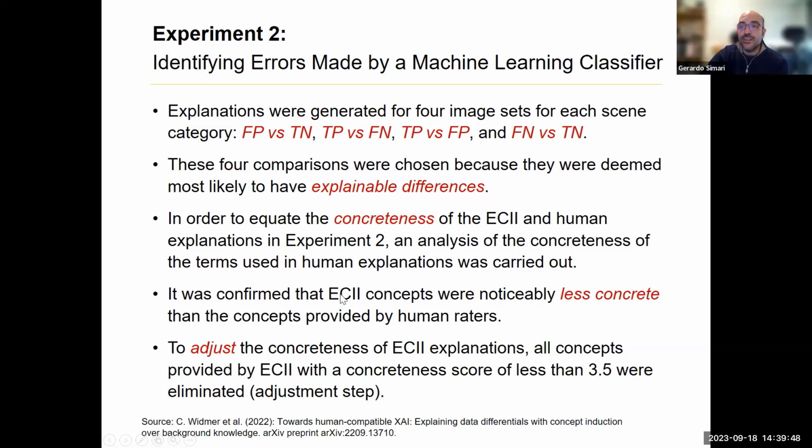And in an initial analysis, it was confirmed that the artificial explanations were noticeably less concrete. So they adjusted it, basically eliminating the ones that didn't surpass a certain concreteness score.